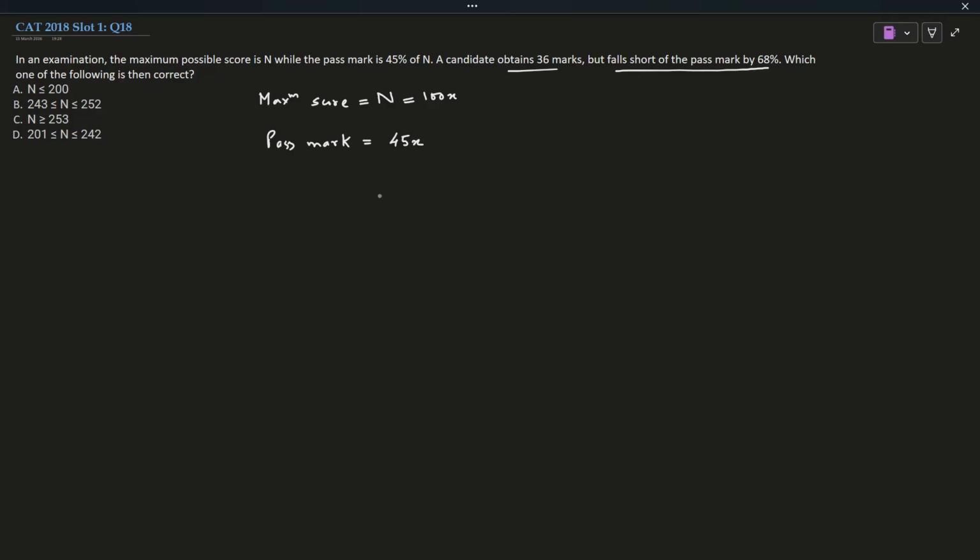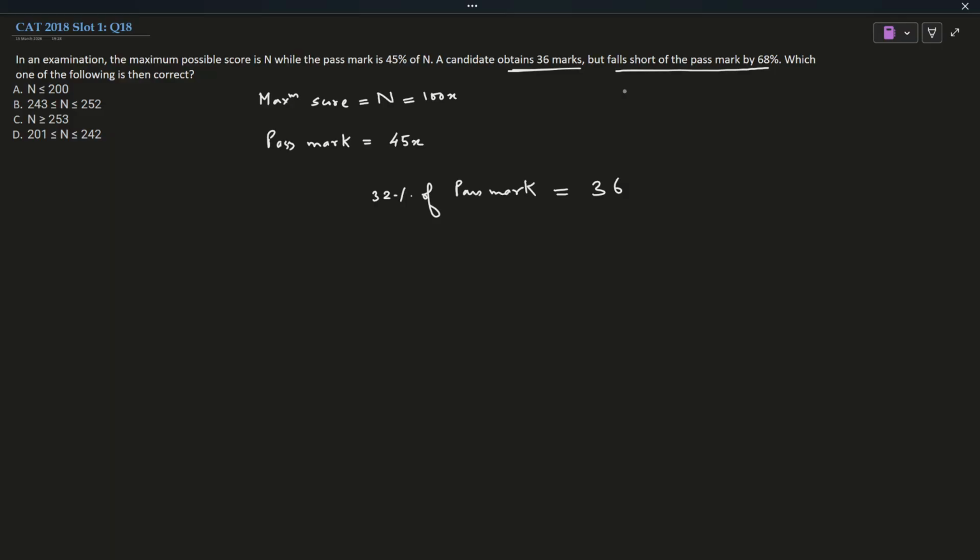That means he has obtained 32. So I can say 32% of pass mark is equal to 36. The candidate obtains 36 marks but falls short of the pass mark by 68%.